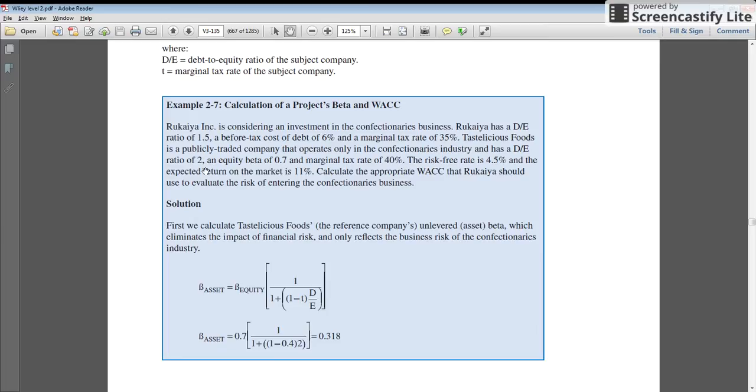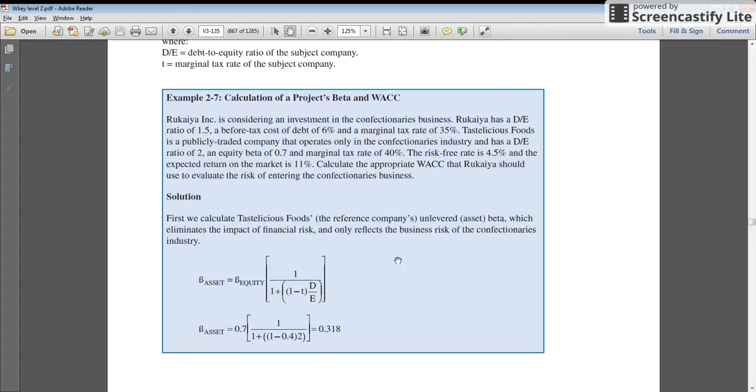So as we discussed in the last video, we will be unlevering this 0.7 first based on this debt to equity ratio and this tax rate. Once that unlevered beta is found, then we'll be re-levering that unlevered beta based on this new debt to equity and this tax rate.